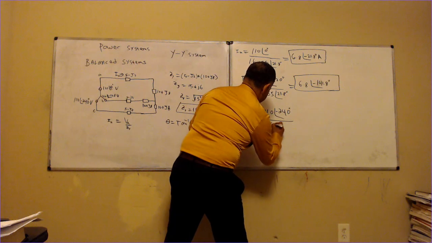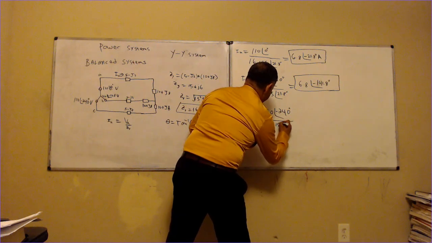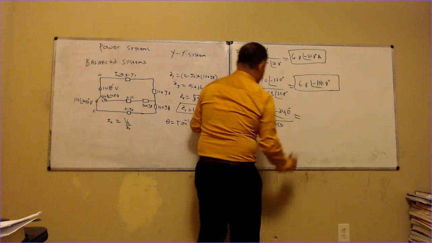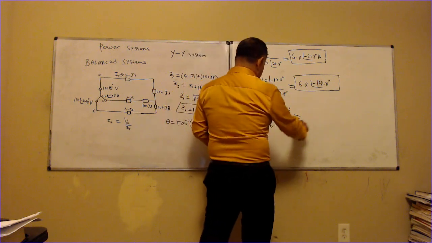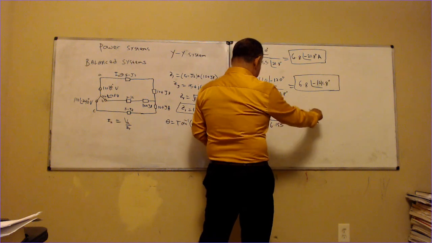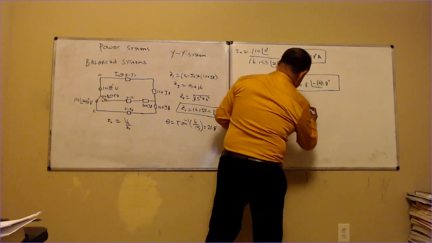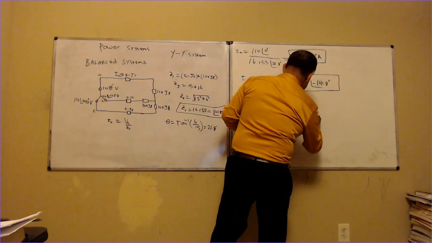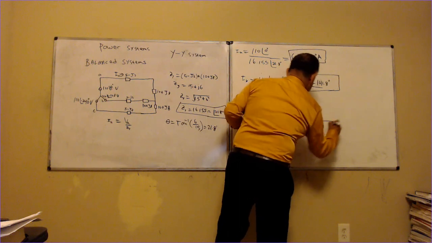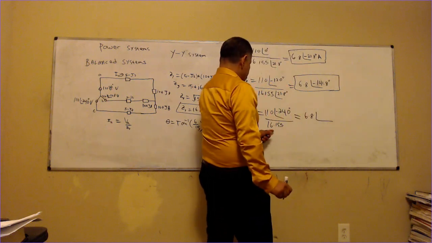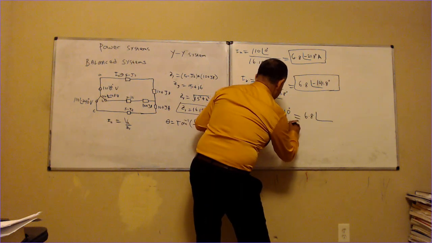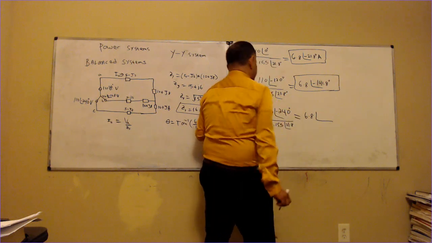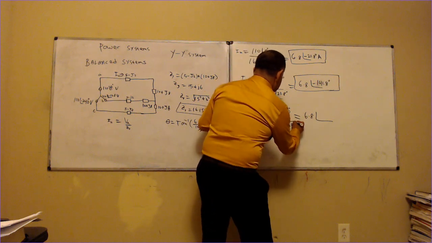Divided by 16.155, and that is going to be equal to 6.8 at 21.8 degrees.